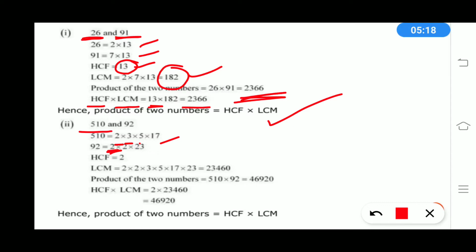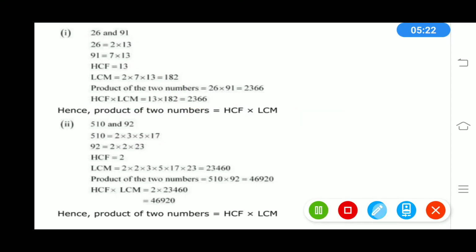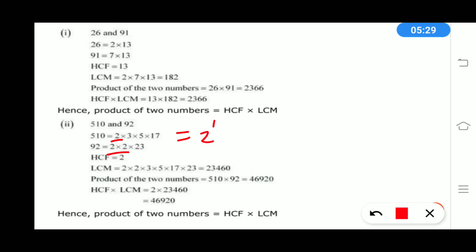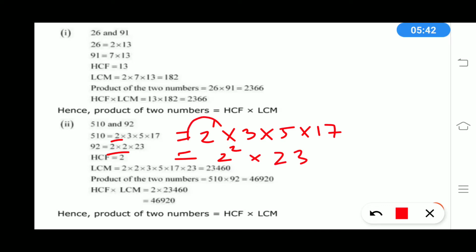For the first one, we have 2 to the power 1 into 3 into 5 into 17, and for 92, 2 square into 23. So the common prime is 2, but the smallest power is 2 to the power 1. So HCF equals 2.